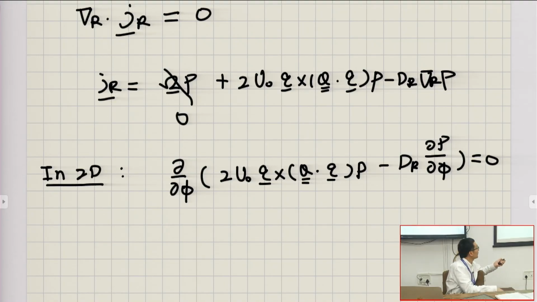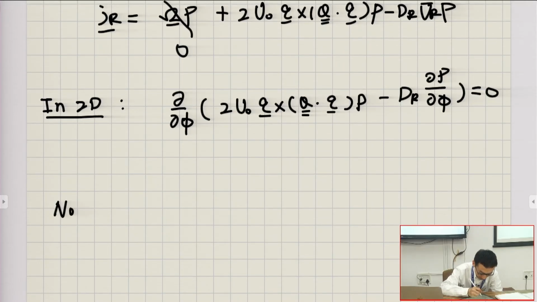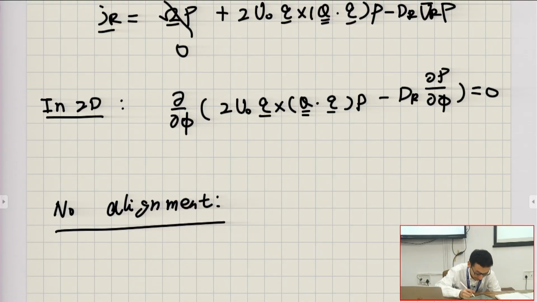So if we look at this equation here, previously we didn't have this alignment term, right? So what's the solution to that equation without this term? 0. Or a constant, not a 0, but a constant. So that's the solution we looked at before. When there's no alignment, we have one state which is randomly uniform.